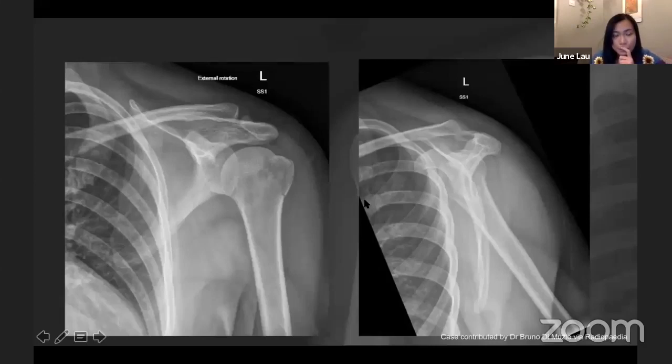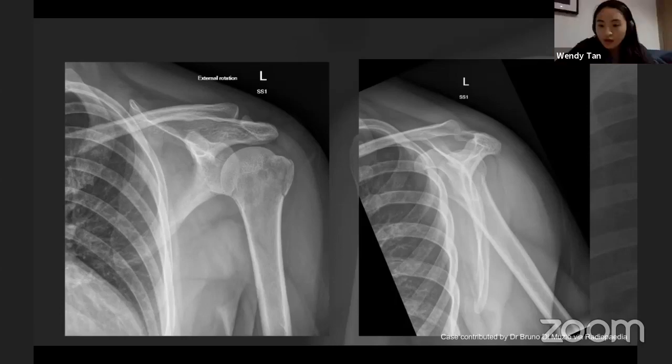Next. Now, this one has to do with our bones. People have mentioned humerus head fracture.